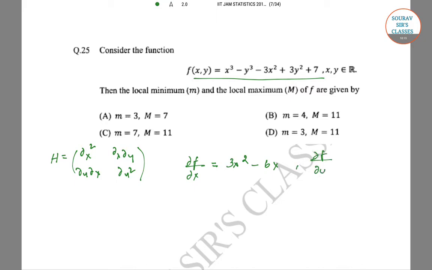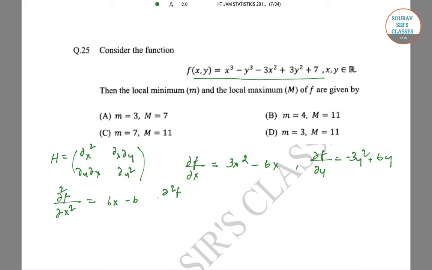Dou f dou y is equal to minus 3y square from the y cube term and plus 6y from the 3y square term. Now dou square f dou x square, the second derivative with respect to x, is equal to 6x minus 6.